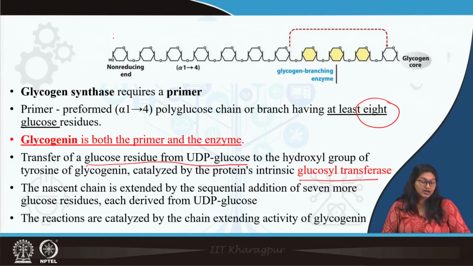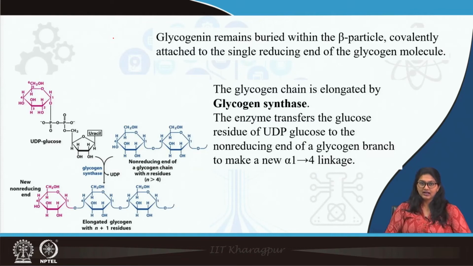Now, that primer can be extended by further addition of glucose over this primer, that is further formation of alpha 1,4 glycosidic bond by glycogen synthase. So, basically what happens, this glycogenin protein is actually buried inside the beta particle, covalently attached to the chain of glucose, and there is that one single reducing end of glycogen buried inside the beta particle.